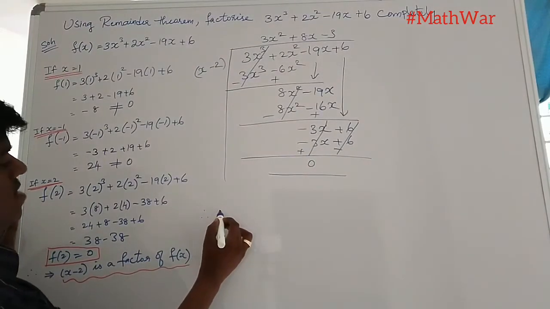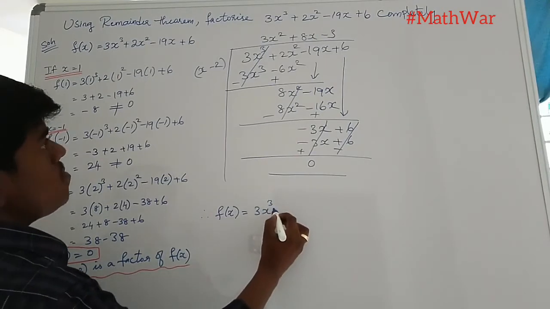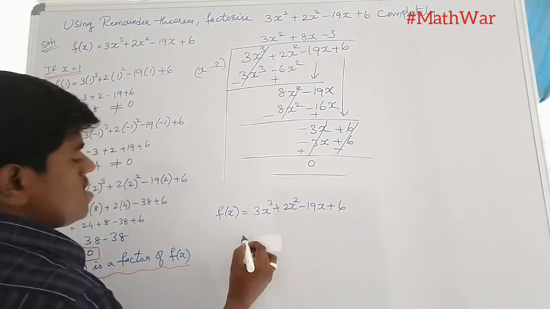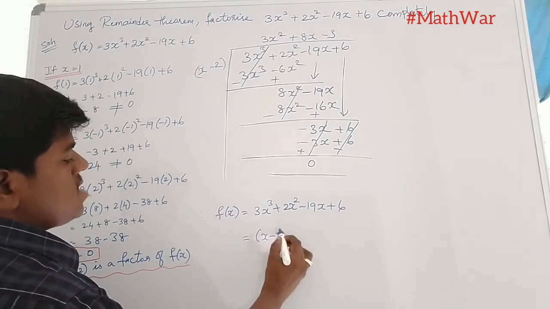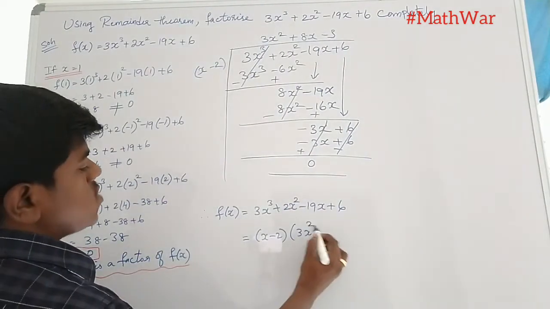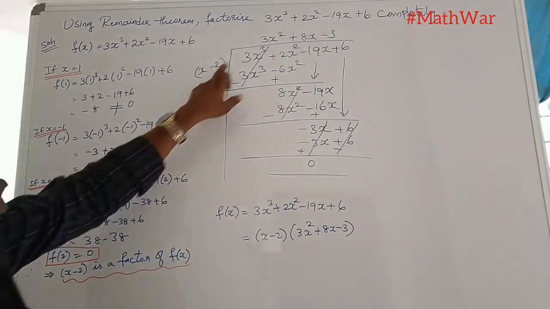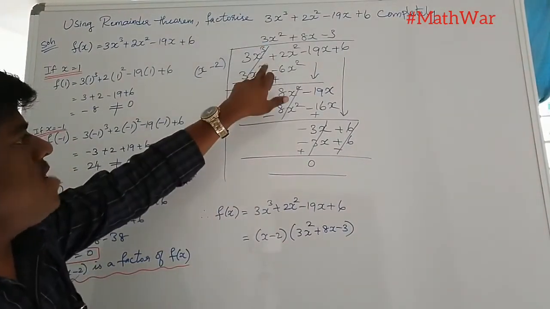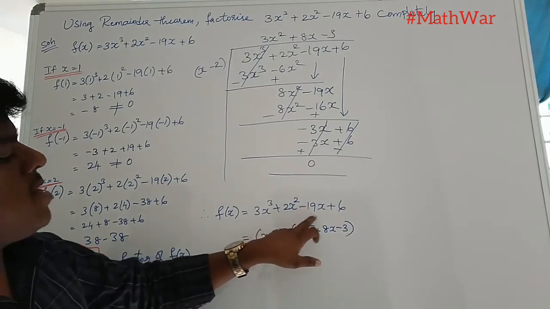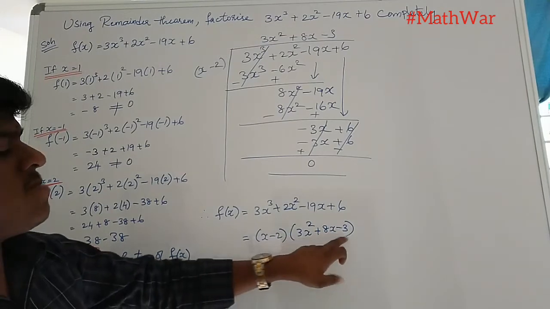Therefore f of x, which is 3x cube plus 2x square minus 19x plus 6, can be written as x minus 2 into the quotient 3x square plus 8x minus 3. If you multiply these two, we get this value, no? So 3x cube plus 2x square minus 19x plus 6 is equal to x minus 2 into 3x square plus 8x minus 3.